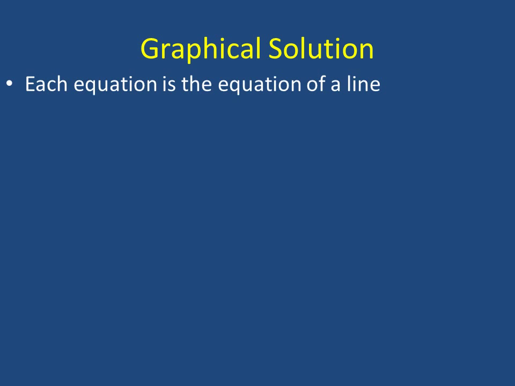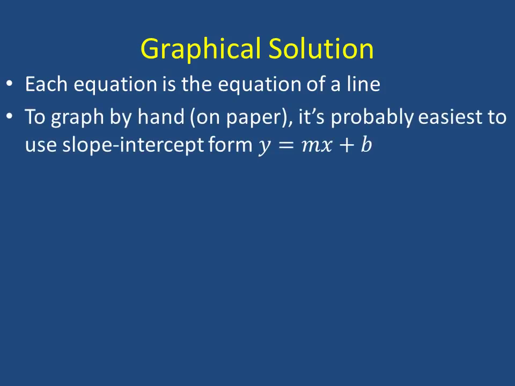So let's look at these different methods a little bit more closely. The graphical solution is in some ways the easiest solution, but it does have its limitations. Remember that each equation is the equation of a line. To graph by hand, that is on paper, it's probably easiest to use the slope-intercept form, y equals mx plus b.